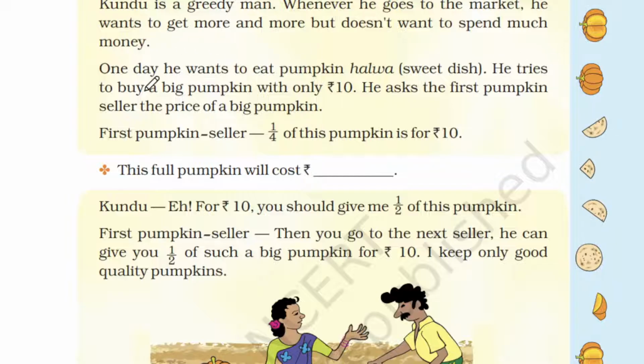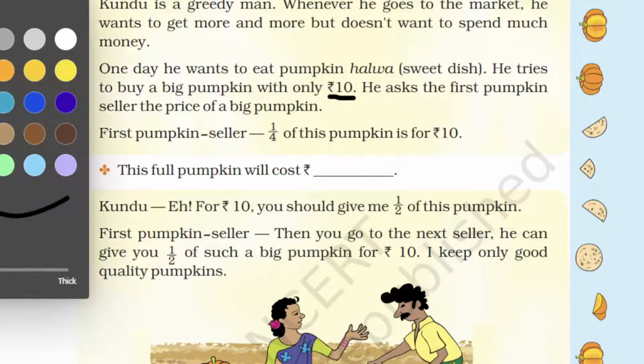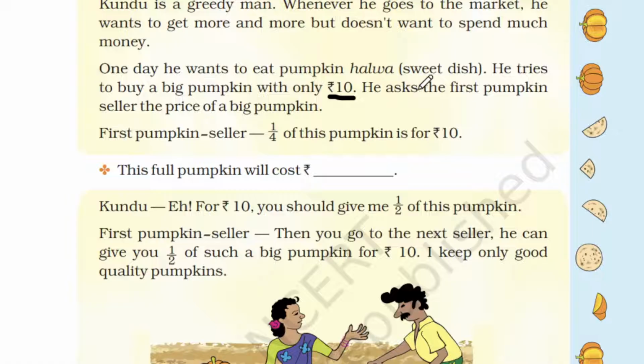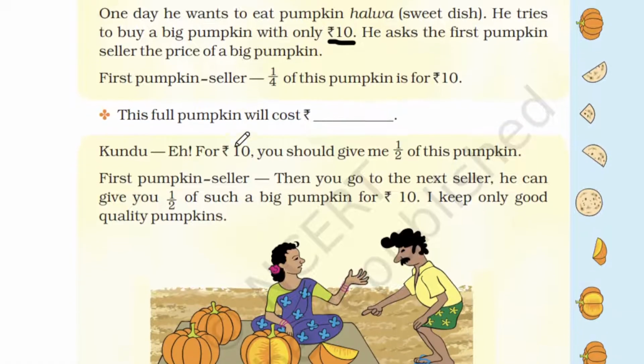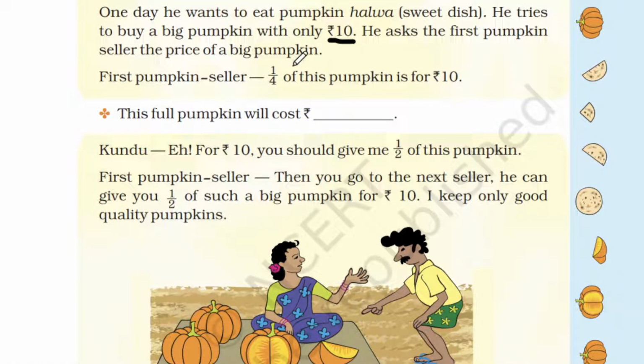He tries to buy a big pumpkin with only 10 rupees. So he has only 10 rupees, but he wants to buy a big pumpkin for 10 rupees. He asked the first pumpkin seller the price of a big pumpkin.